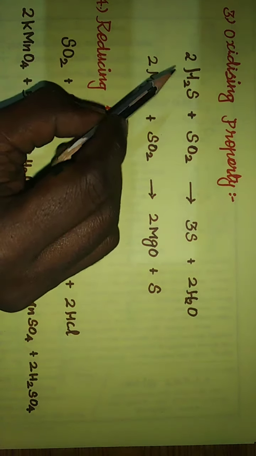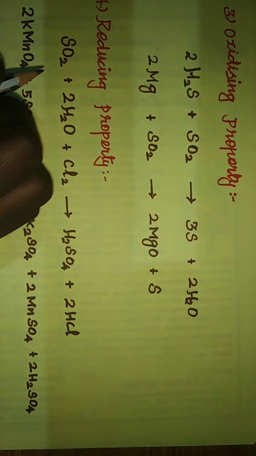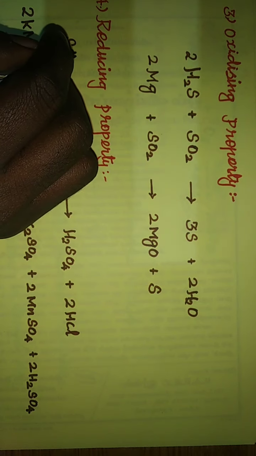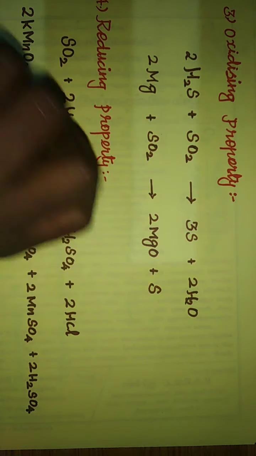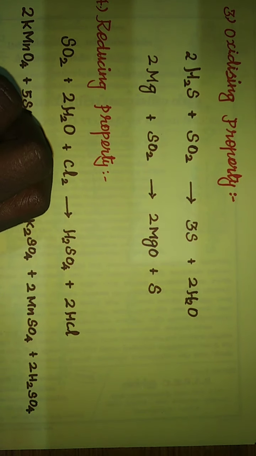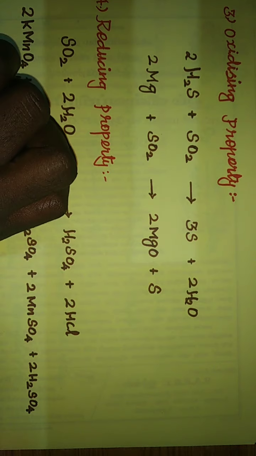Dear students, let us see the oxidizing property of sulfur dioxide gas. Oxidizing property means how sulfur dioxide oxidizes nearby species, and you are all familiar with the concept of oxidation. What is oxidation?